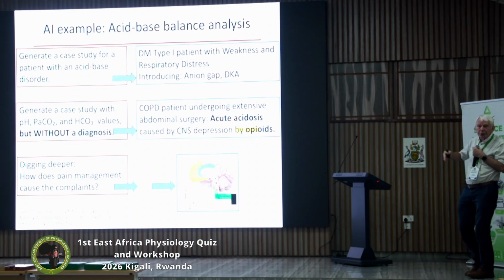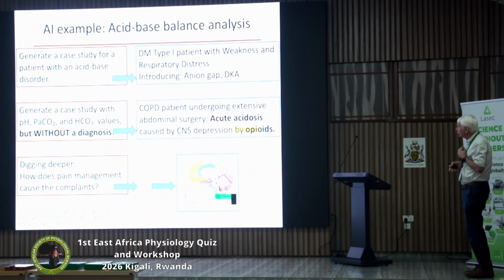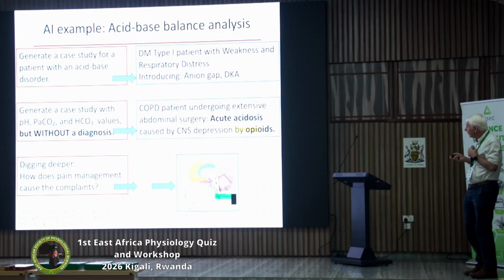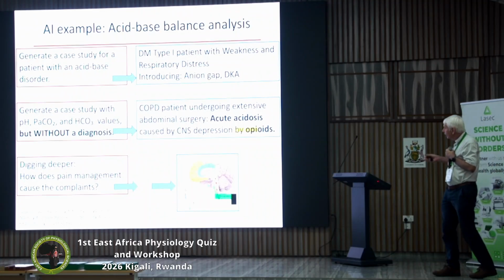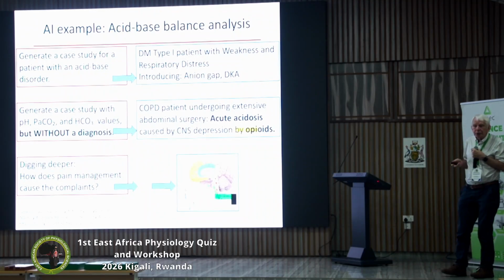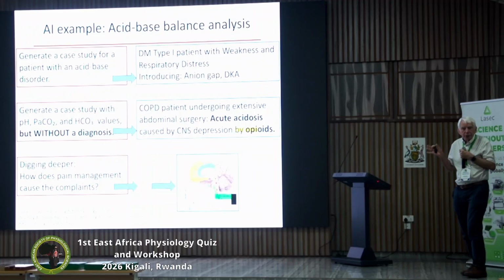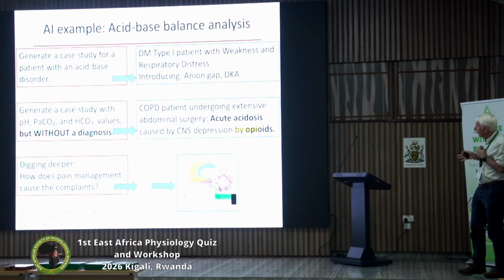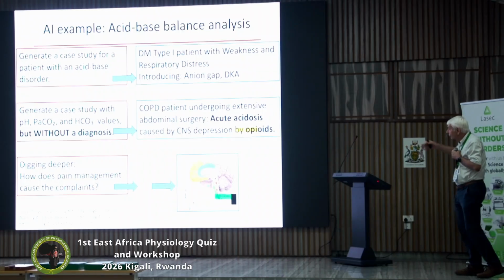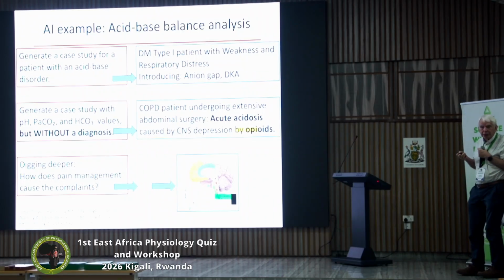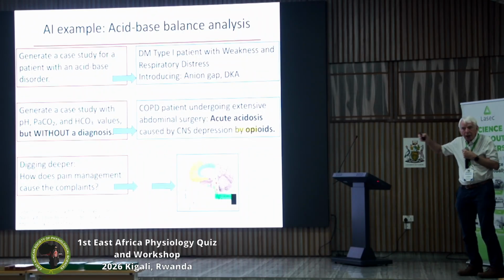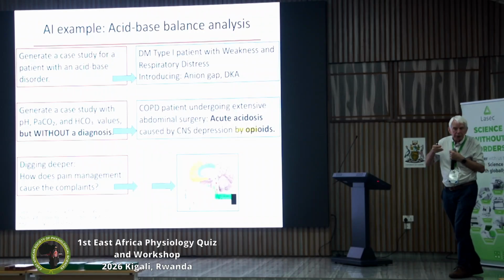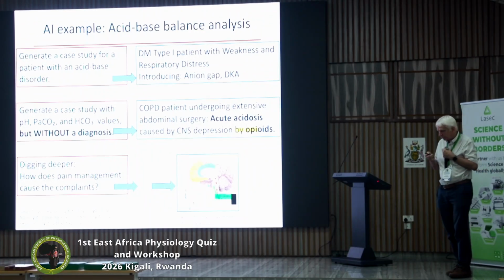And if you do that, ChatGPT comes up with a very nice study explaining the control of the respiratory centers etc., with very much detail which enhances, I think, the learning of the students.